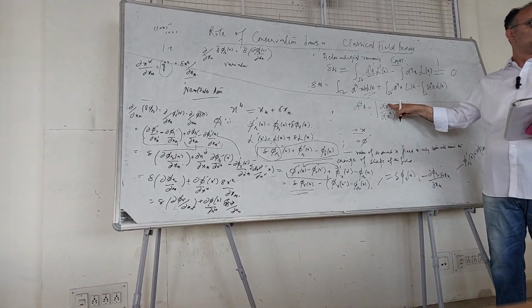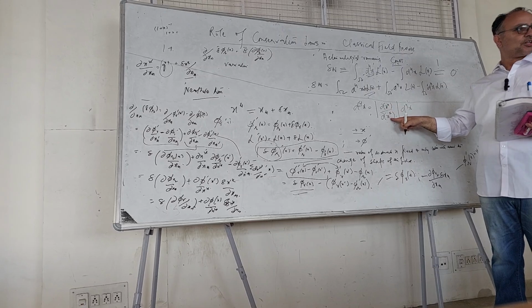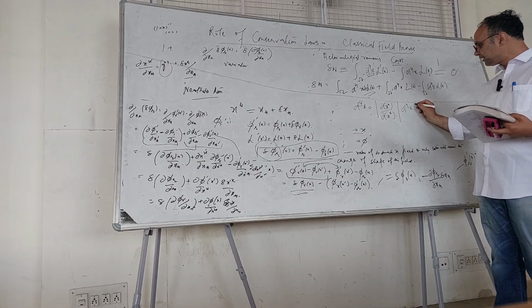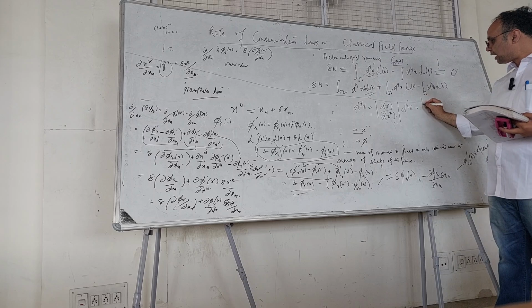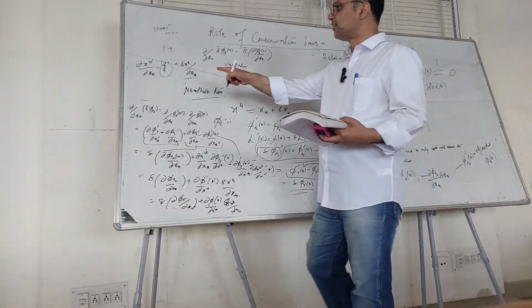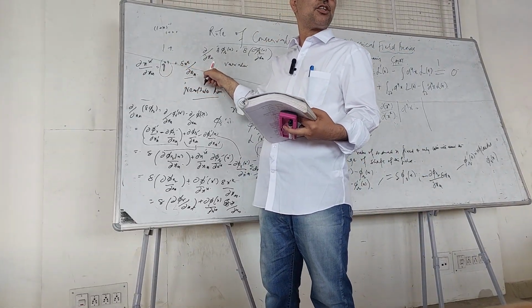mu and mu space time coordinates. This can be, so अब ये है कि हमारे पास हमने यहाँ ये रिलेट किया ना इसके साथ 1 plus first order derivative.